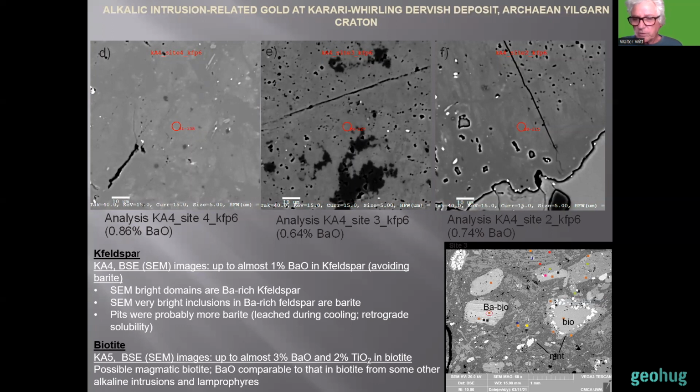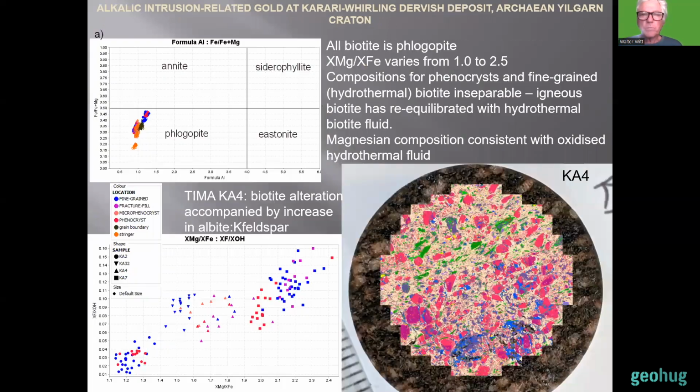Also, notice the necklace of magnetite around the margin of the biotite grain on the right. This indicates that the hydrothermal fluid which produced the biotite was at least moderately oxidized.